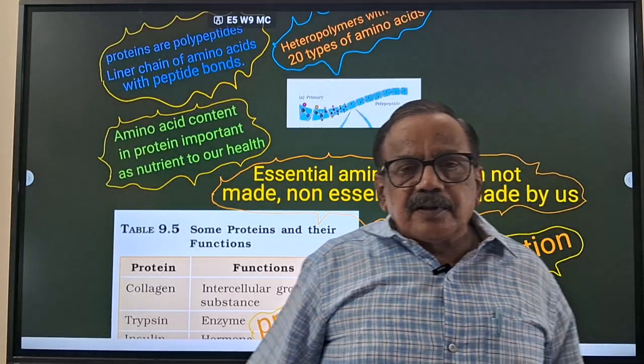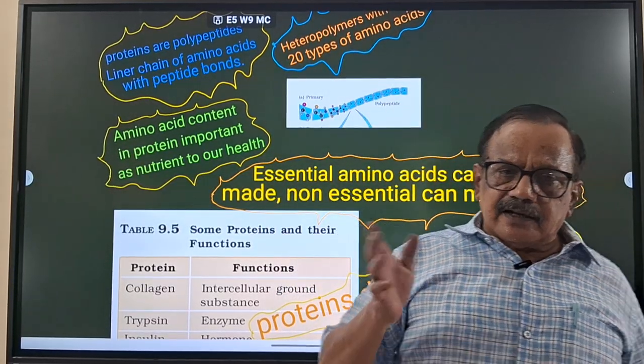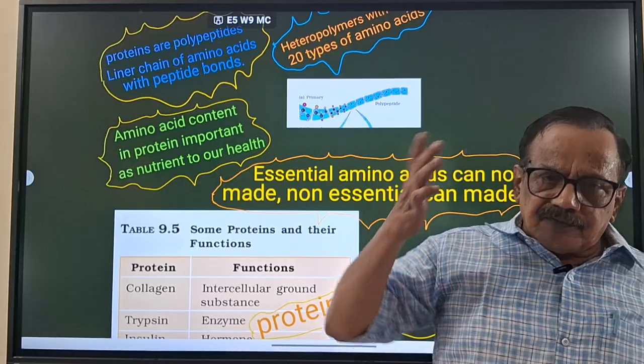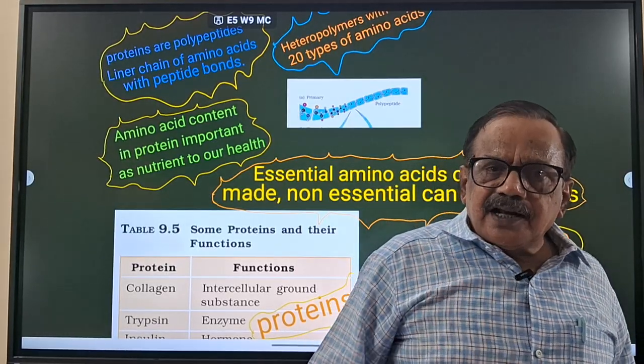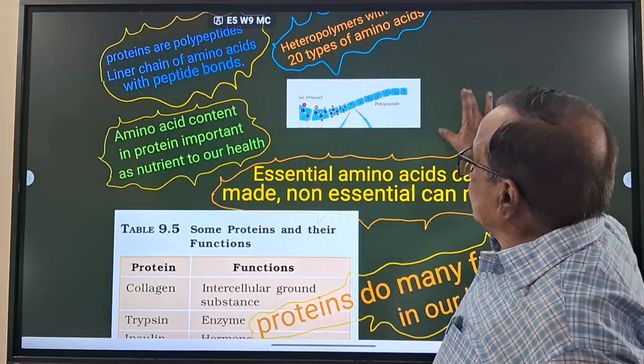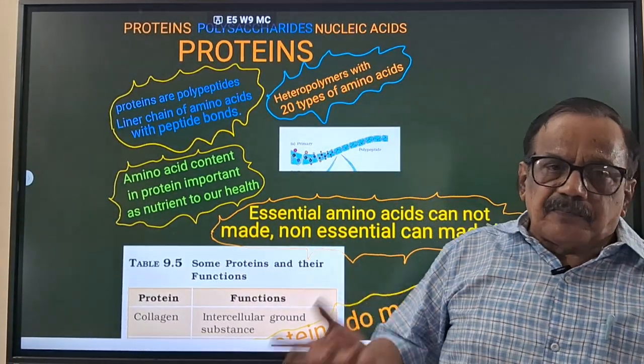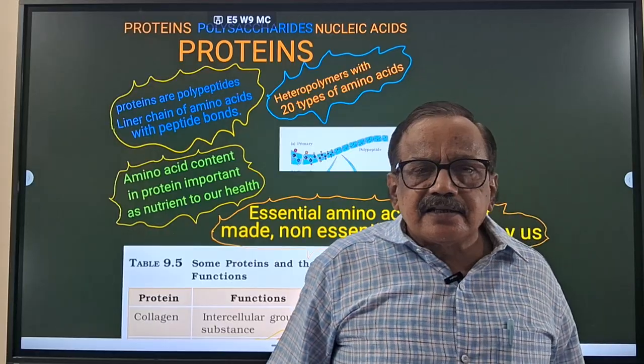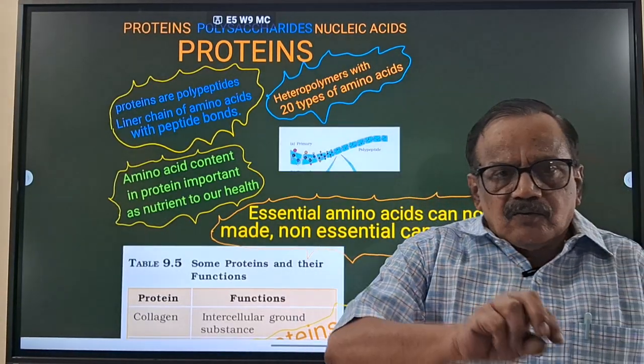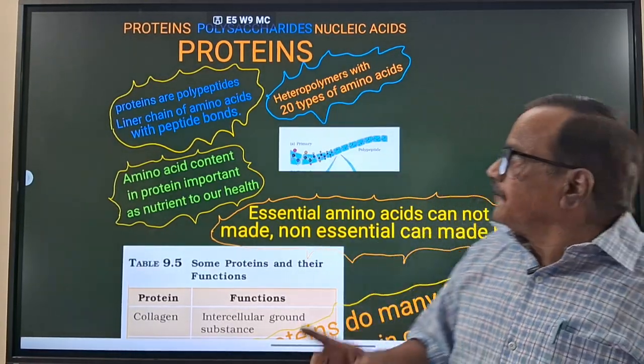So what do you learn from protein? Proteins are heteropolymers made up of amino acids, 20 types of amino acids. They are linear, and they are also called polypeptides because the bond in between the amino acids is the peptide bond.